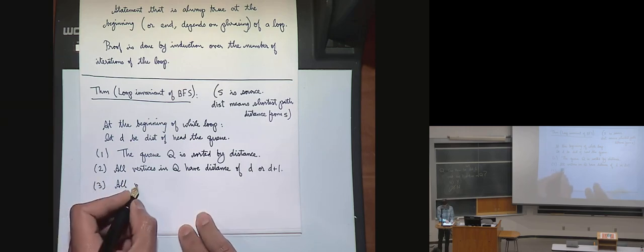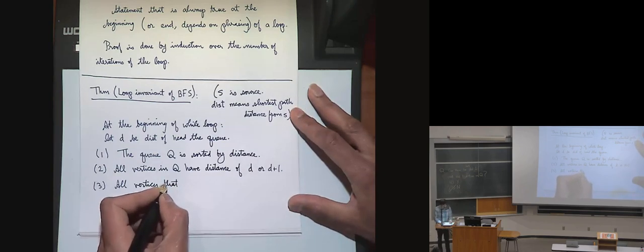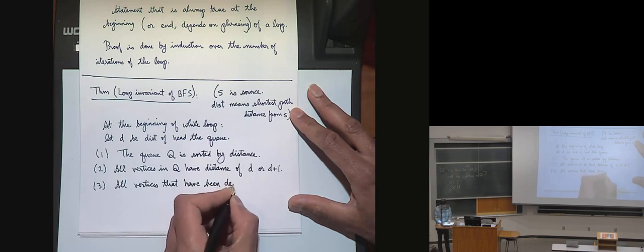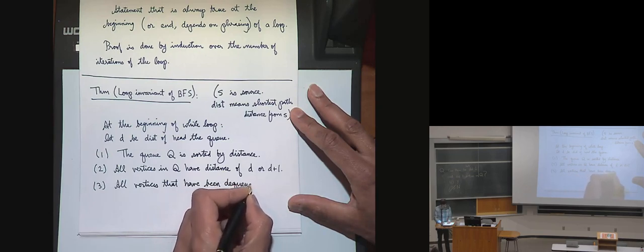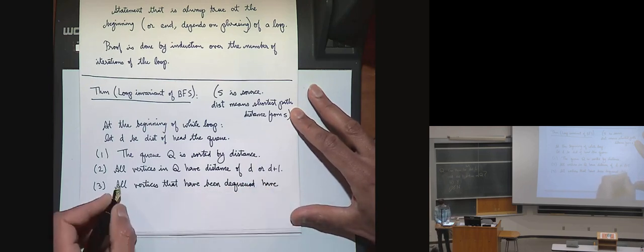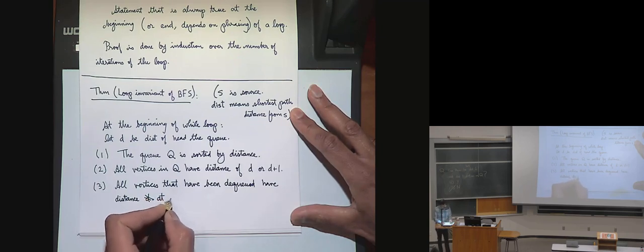All vertices that have been dequeued have distance, or I should say at most D.